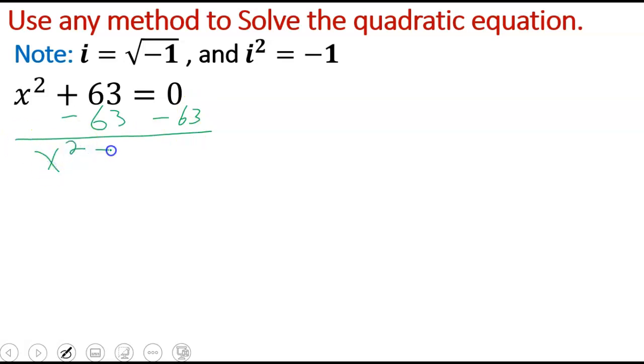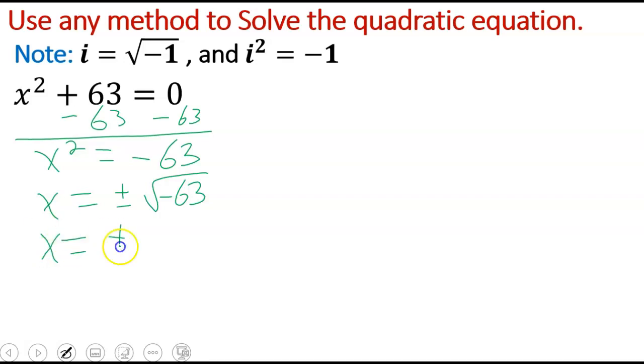So x squared equals negative 63, and x is going to be plus or minus the square root of negative 63. And again, we see it's going to be an imaginary number, so plus or minus i times square root of 63.